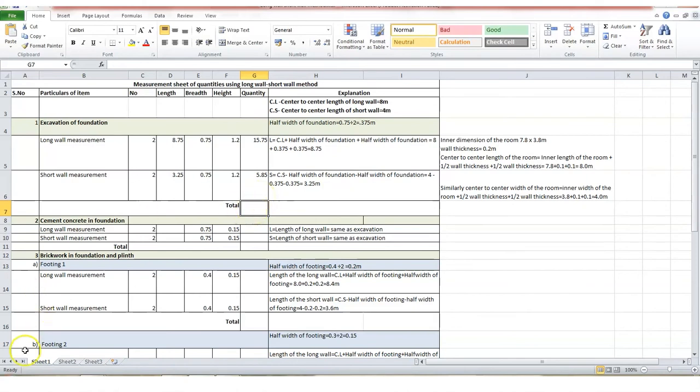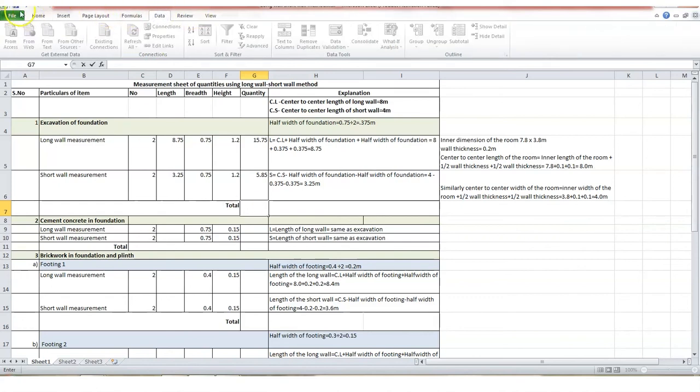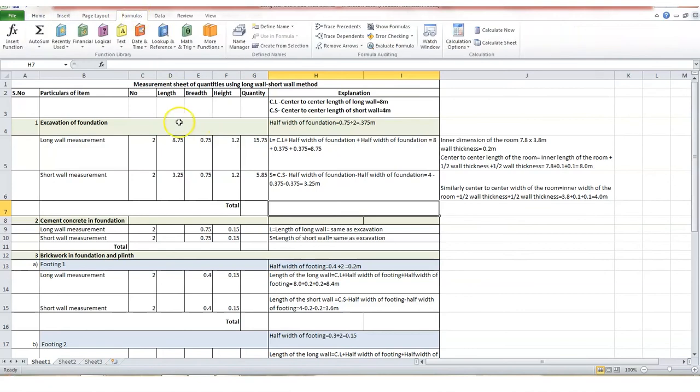Now we have to find the sum of these two in order to find the total. So we go to formula and do auto sum. We'll go to auto sum and put the sum. 21.6 meter cube would be the total excavation quantity.